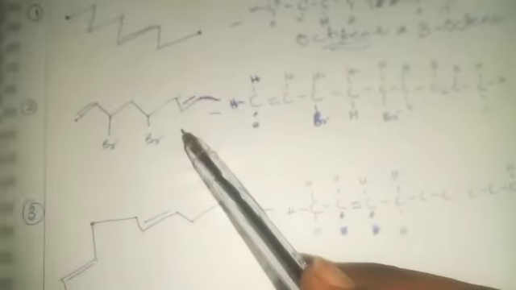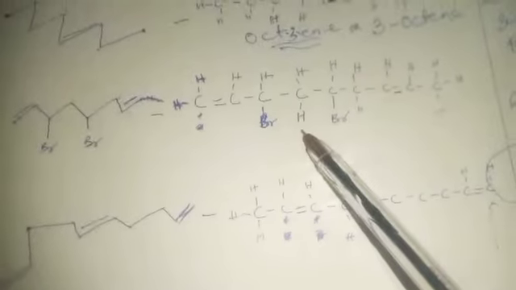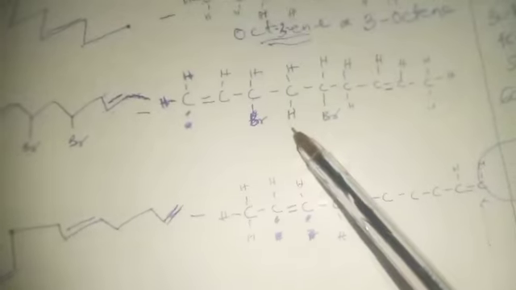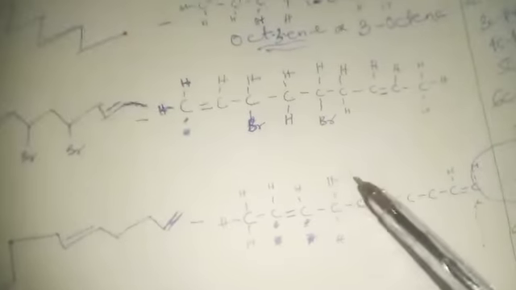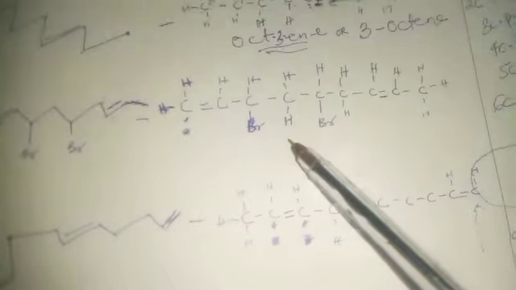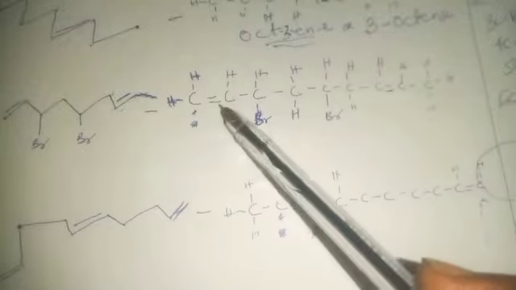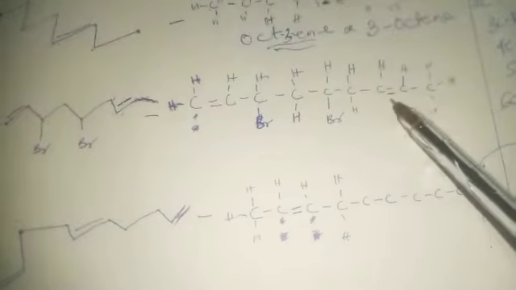Second one, we have this. I've expanded it. This is the same as this, so don't get confused. Now if you look at this, you will notice that we have double bonds in two places, here and here.